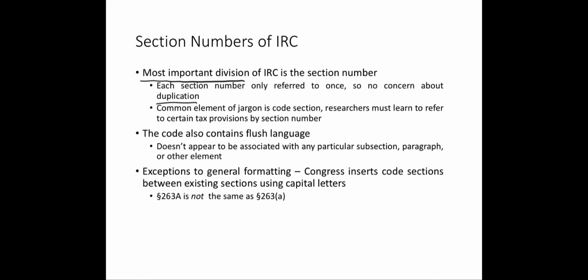So you won't have a section 1 in the income tax subtitle, and you won't have a section 1 in the estate tax. No, it's a different number, okay? Section 1 starts income tax, and for estate tax, you're going to have section 2001 start estate tax. It's a common element of jargon of code sections for researchers and practitioners, as I mentioned.